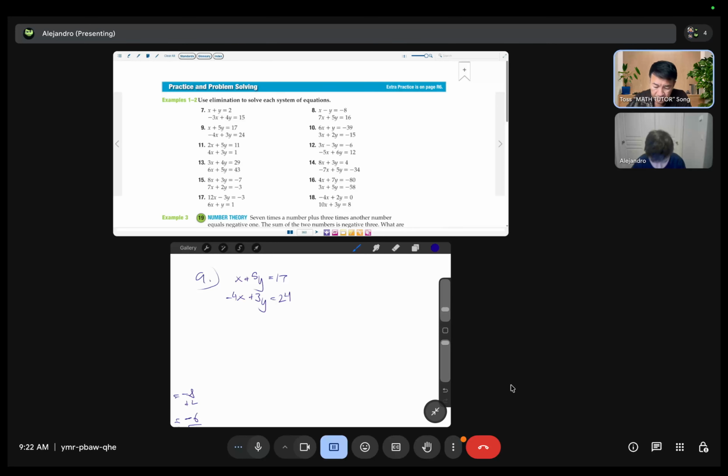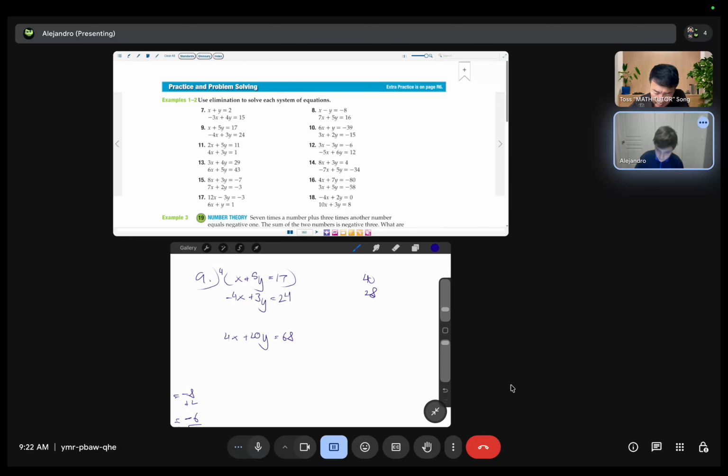Okay. So I assume you're going to eliminate the x, right? Times it by 4. Yes. So it's 4x plus 20y equals, what is that? 40, 28, so it's 68. And negative 4x plus 3y is 24. Okay. Add them straight down.